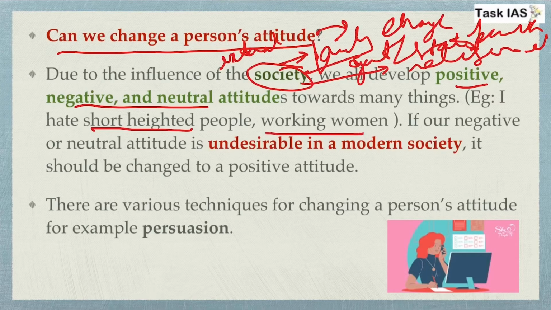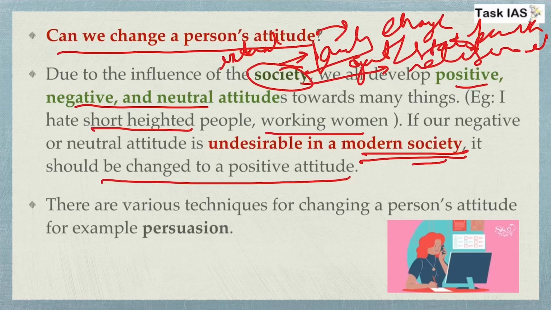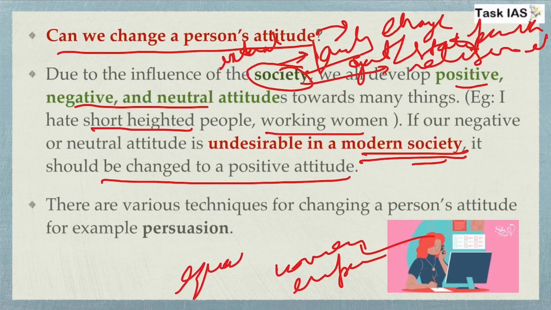If these are negative attitudes, but women are allowed to work in modern society, then he has to change these beliefs or this mental construct of his to survive in that society. So he needs to change to a positive attitude, especially towards working women, because this is needed for women empowerment or to establish equality in society.